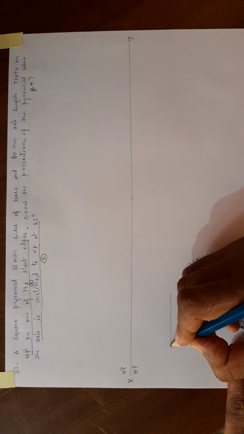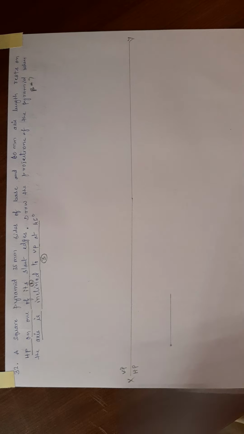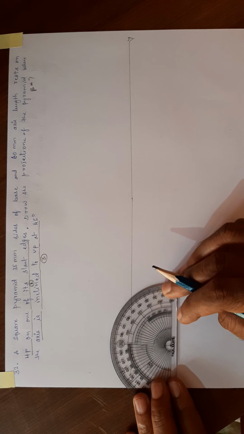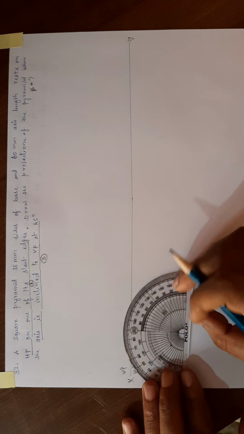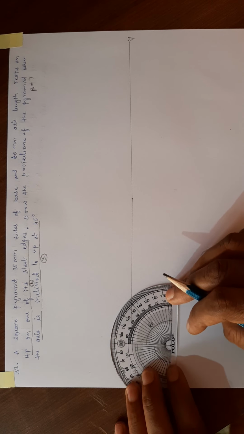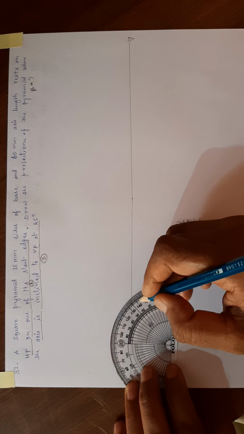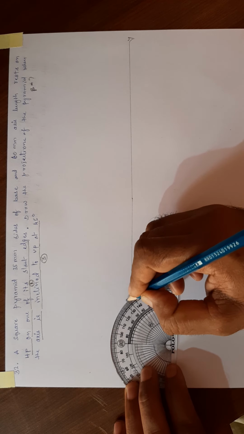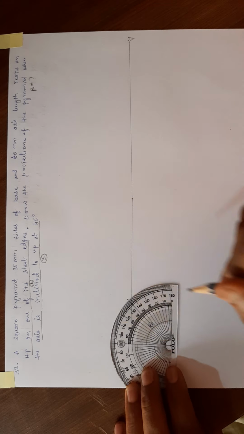Now this is one end. Keep the protractor at the left end of the horizontal line and measure the angle in anti-clockwise direction, that is 45 degrees.